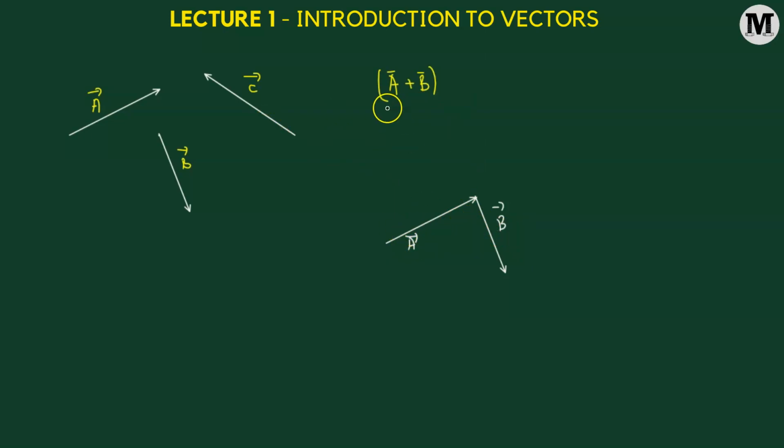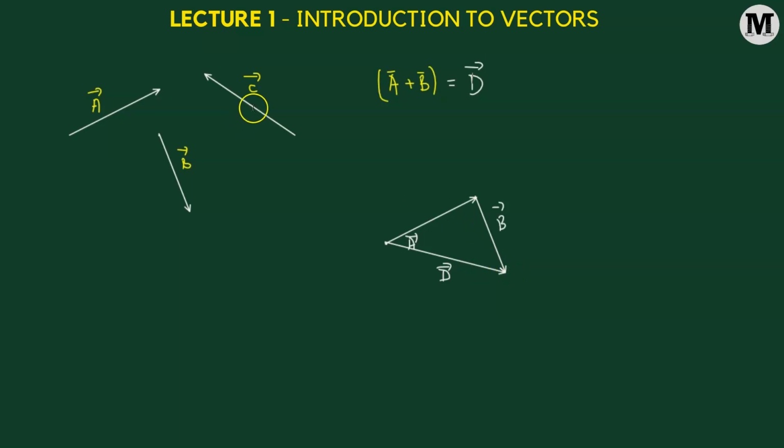Now let's find the sum of vector A and vector B. All we have to do is join the initial point of vector A and the co-terminal point of vector B. So this is going to give us a new vector. Let's call it, this is not vector C, this is vector D. So the sum of A and B gives us a new vector, vector D. Now we are going to add vector D with vector C. Let's keep it in this fashion only.